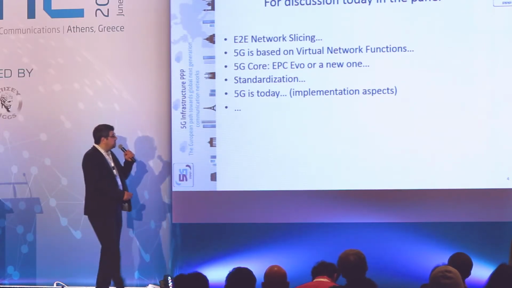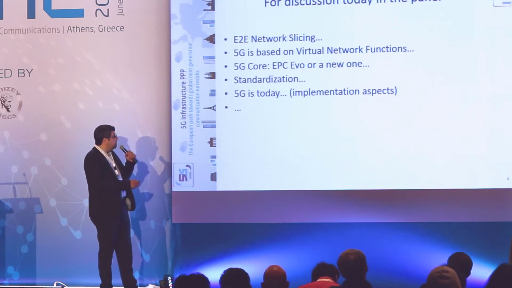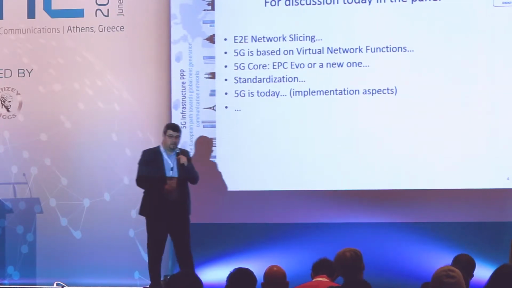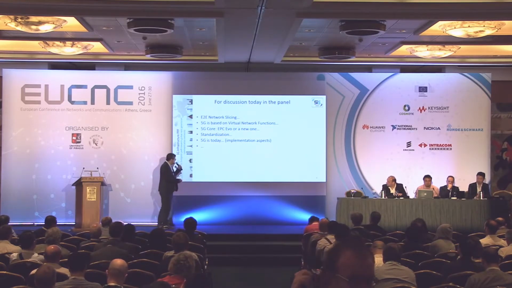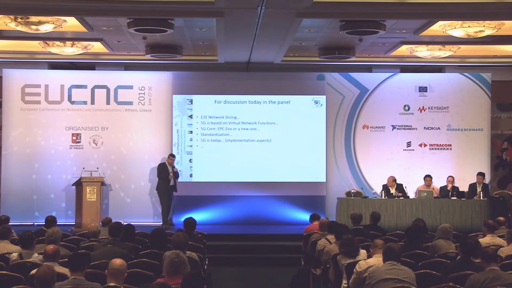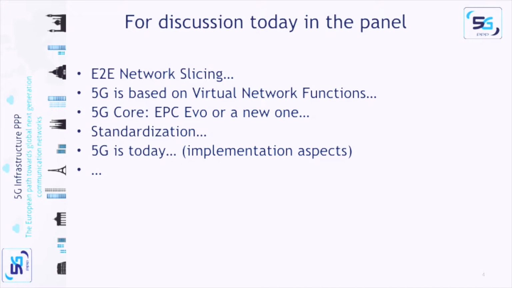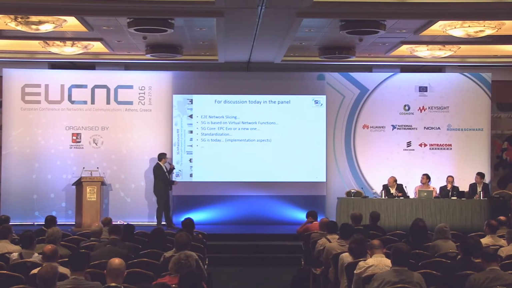Another topic is that 5G is based on virtual network functions, so softwarization is a key enabler. Then the 5G core: is it an evolution of the EPC, an evolution of the 4G architecture, as touched on in previous presentations, or do we really need a new disruptive core network design? We look at standardization, what is happening there, but 5G is also already happening today, as Kostas was mentioning.